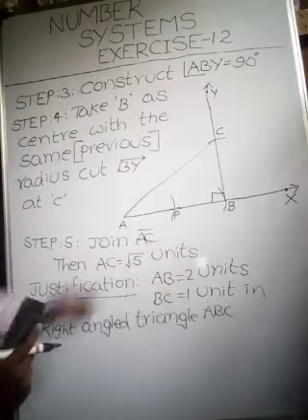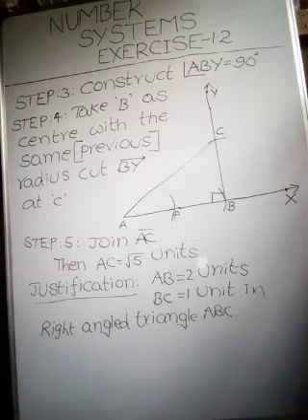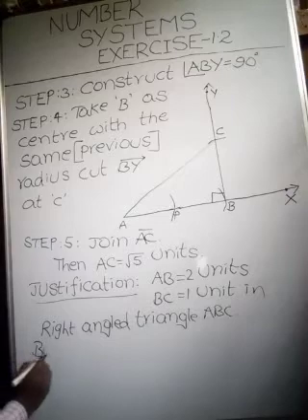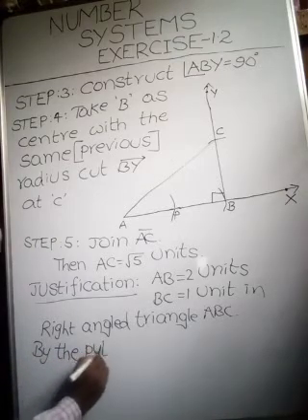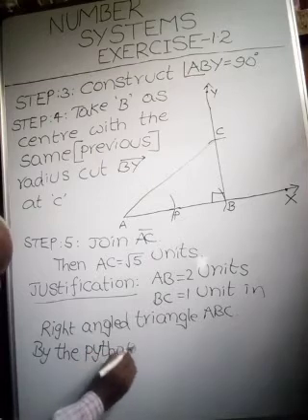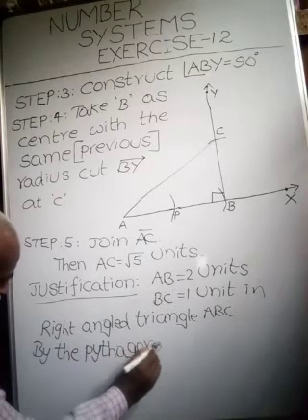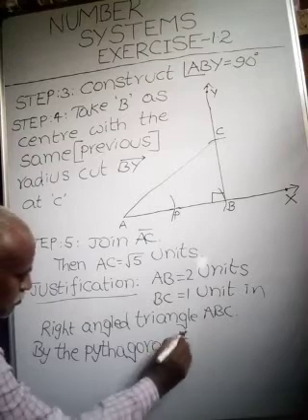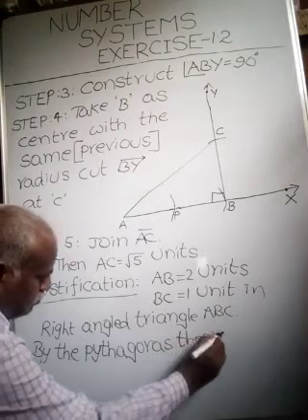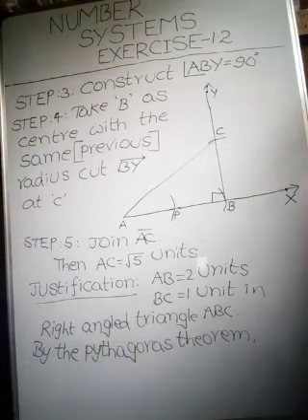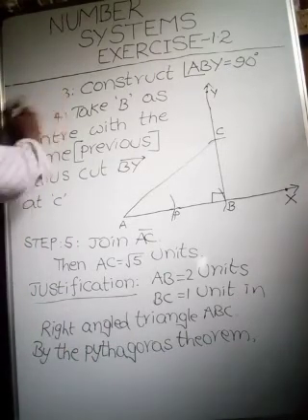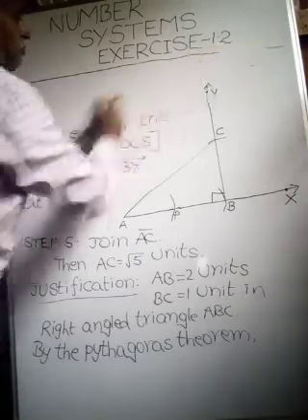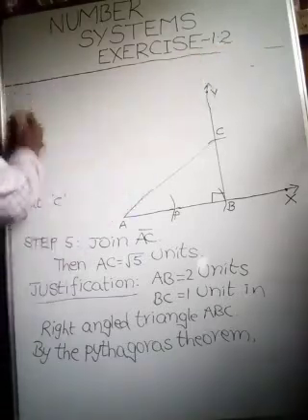Here BC length is 1 unit. Then by the Pythagoras theorem, what do we get here?